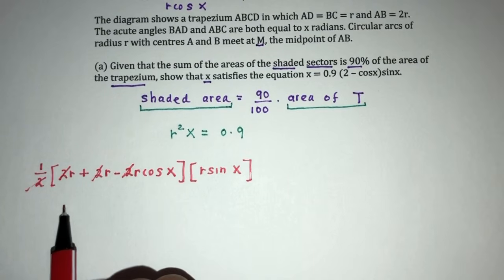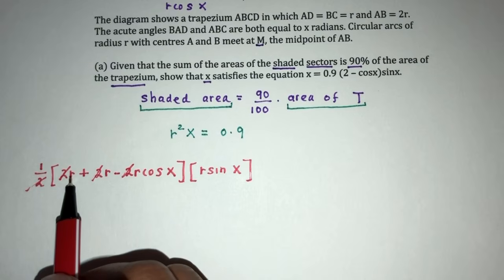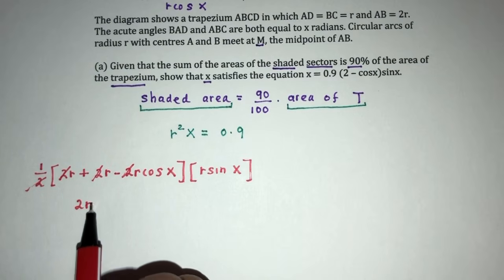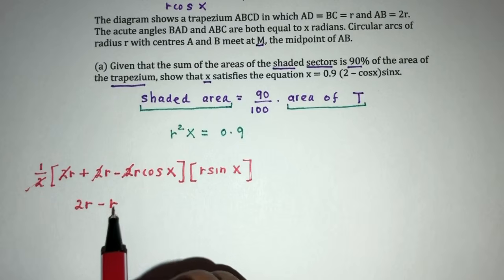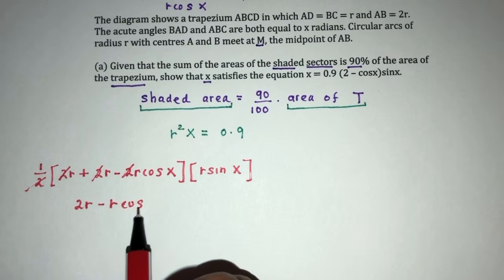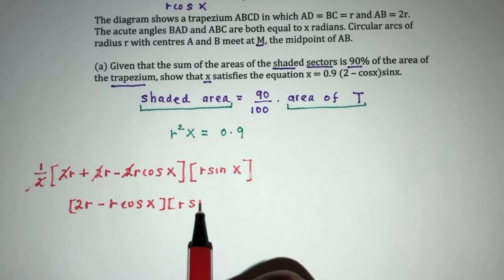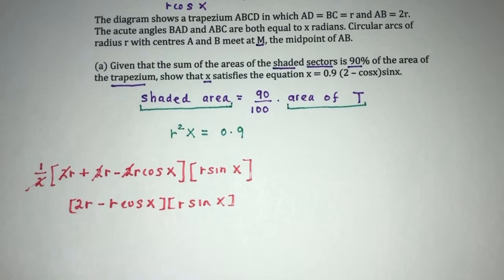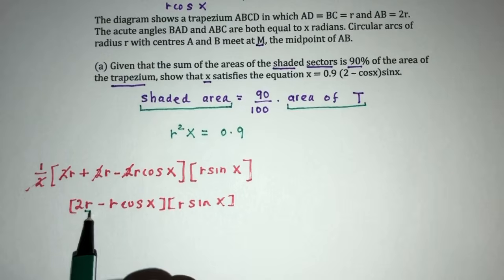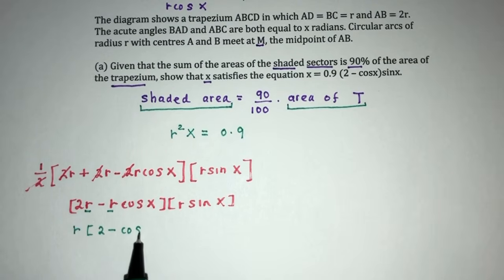So you will have r plus r, which will be 2r, minus r cos x, multiplied by r sin x. Now if you realize, here we have r and r, we can factorize r outside. You will have 2 minus cos x times r sin x.